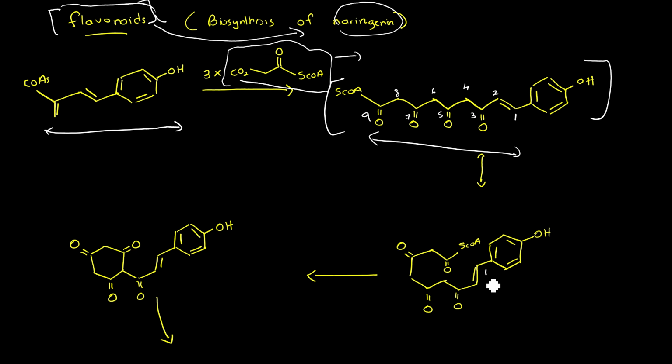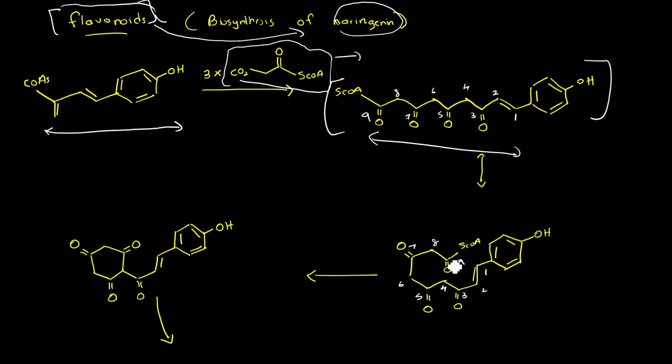So here you can see this is 1 2 3 4 5 6 7 8 9. I have just drawn the same molecule, there is no difference between these two, but I have introduced some bends. It's easier to draw the arrow pushing mechanism when we have it like this.